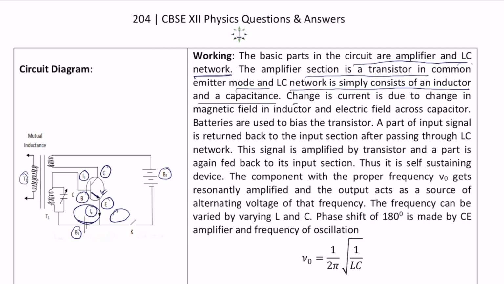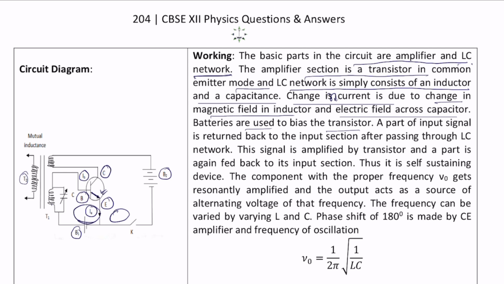The change in current is due to the change in magnetic field in the inductor and electric field across the capacitor. Batteries are used to bias the transistor. Biasing means applying voltage.